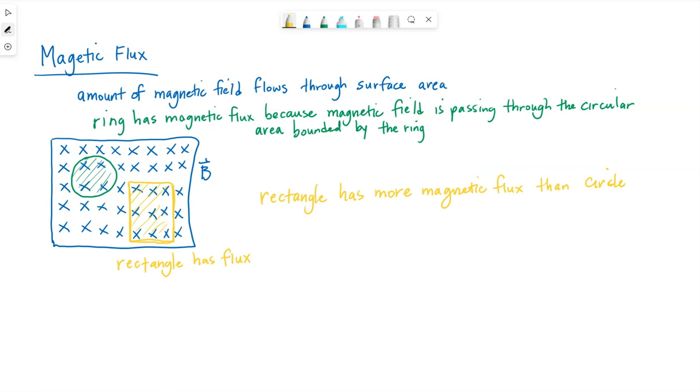Okay. Our fundamental equation for magnetic flux: we're still going to use phi like we did before, but I'm going to put a subscript of m for magnetic flux. Magnetic flux is calculated by integrating the magnetic field as it passes through an area.